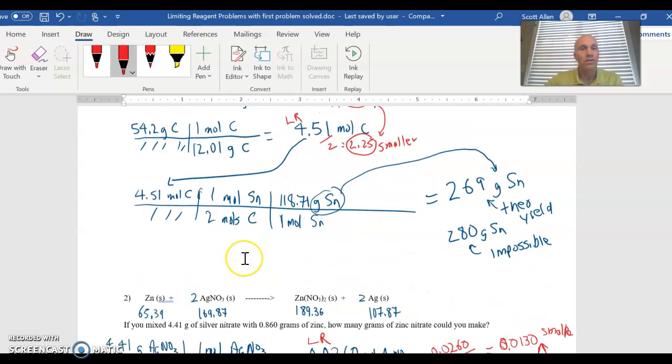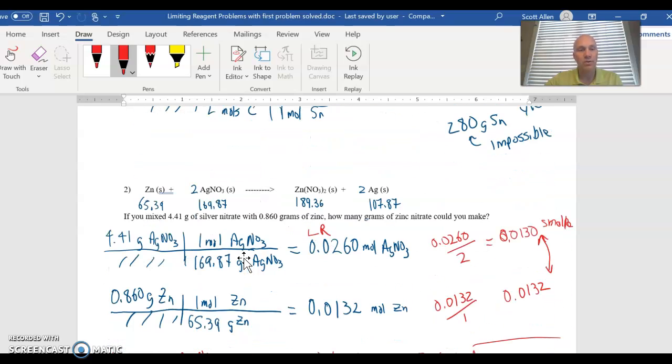So in the next problem, one thing that's different is that they give the amount of zinc here in grams. Oh, I'm sorry, both of these are actually in grams. My apologies. So we're going to convert each of these into moles. We divide this number of moles by its coefficient, which is 2, and this one by its coefficient, which is 1.